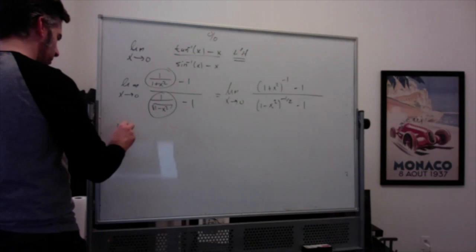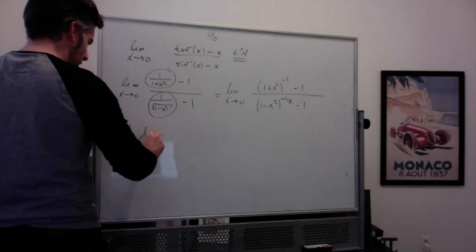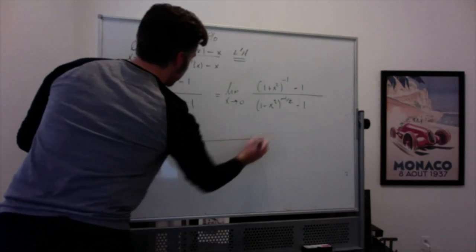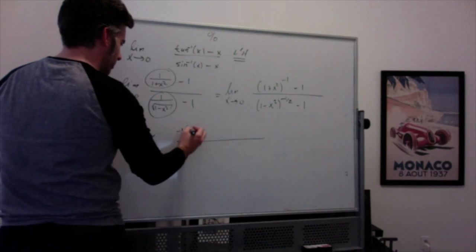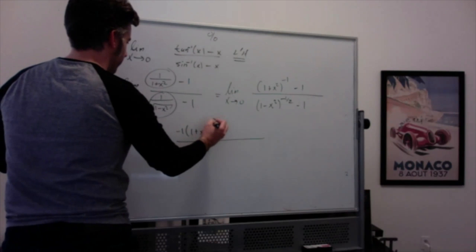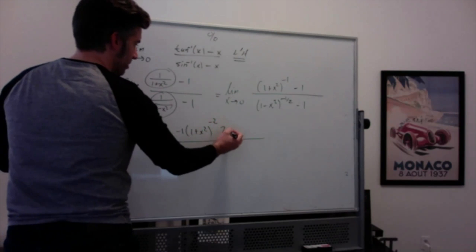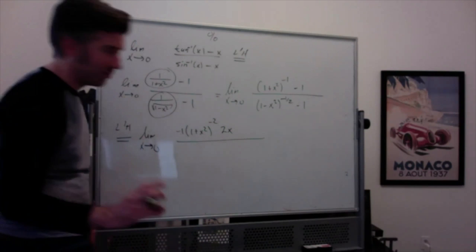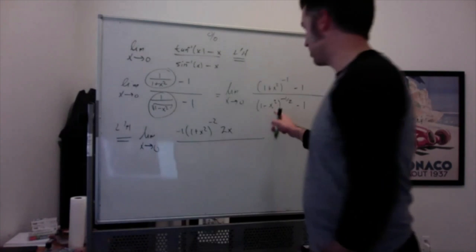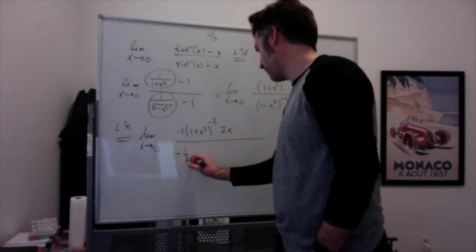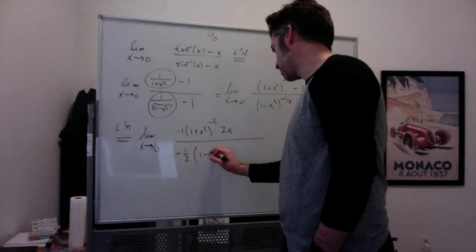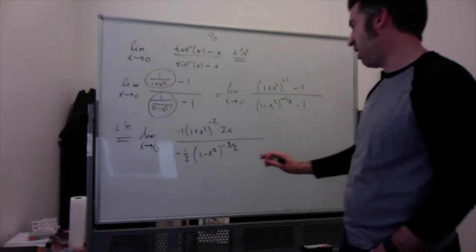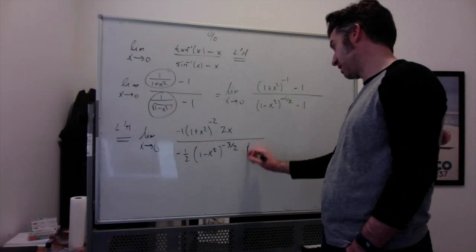So let's use L'Hopital's rule again. The limit as x goes to 0 of, the derivative of the top is going to be negative 1 times 1 plus x squared to the negative 2 times 2x. The derivative of the bottom is going to be negative 1/2 times 1 minus x squared to the negative 3/2 times negative 2x.